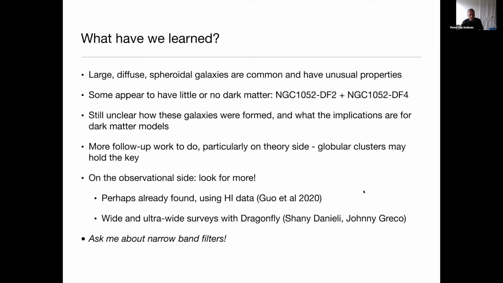Yeah, those are really great questions. The globular clusters trace the dark matter out to about 10 kiloparsec, which is really far. And the interesting thing is, because the dark matter content is low in DF2 and DF4, it also means that the virial radius is small.